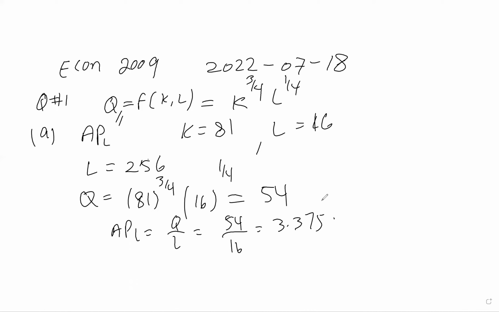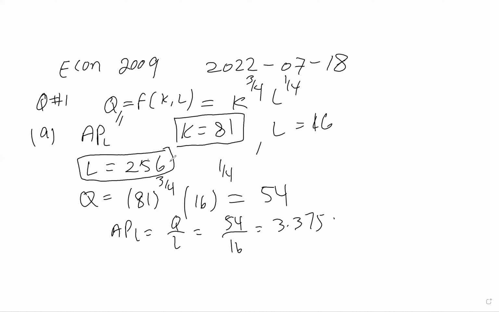Now, the second part of the question asks, since K is fixed, meaning the level of K does not change, what will happen if you keep K constant at 81 units and change the level of labor from 16 to 256.